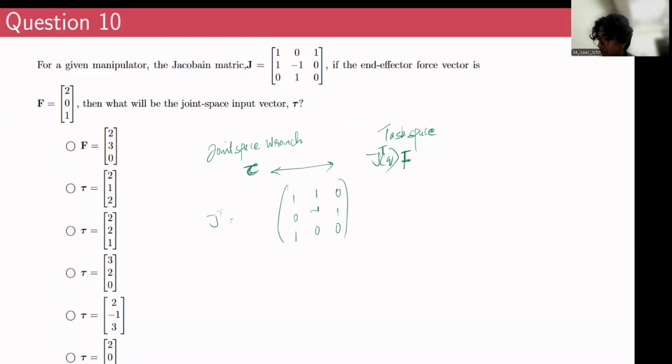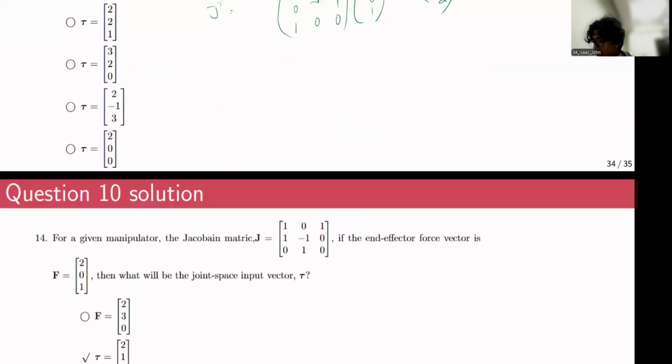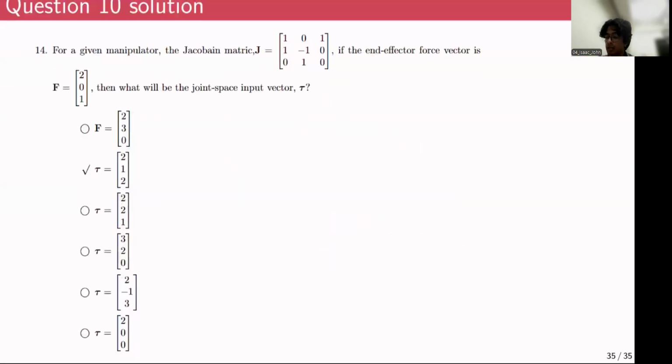And if you multiply this with F, 201, you will get 2, 1, and 2. So I think option B is the correct answer. Yeah, that is indeed the correct answer.